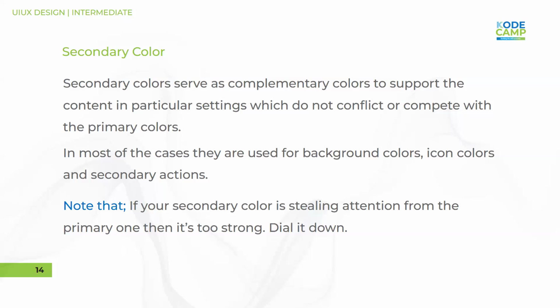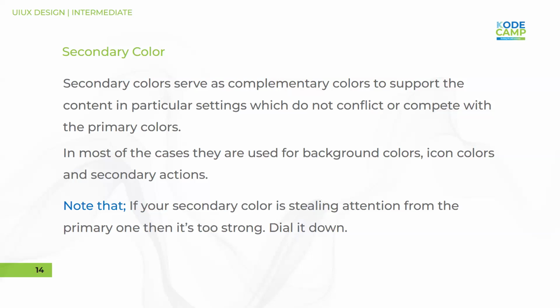In most cases, they are used for background colors, icon colors, and secondary actions. When choosing these colors, they are typically softer and more neutral, so that they don't overwhelm the primary colors. You still want them to look good though.